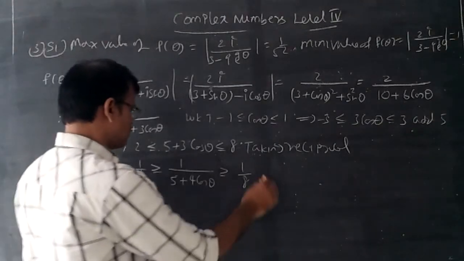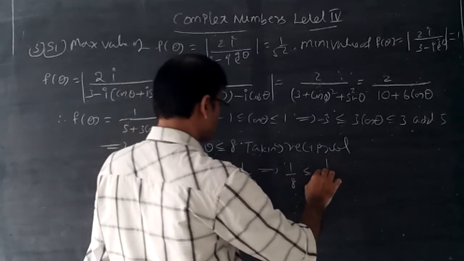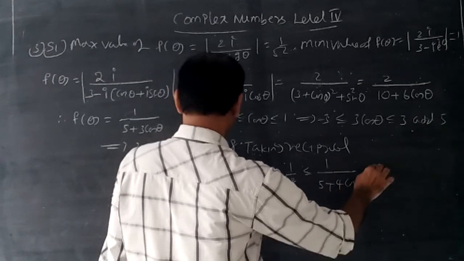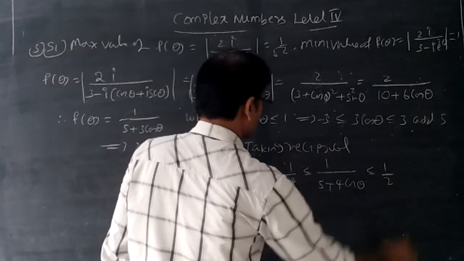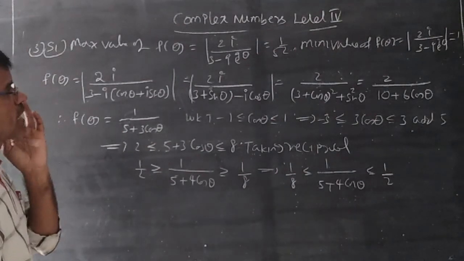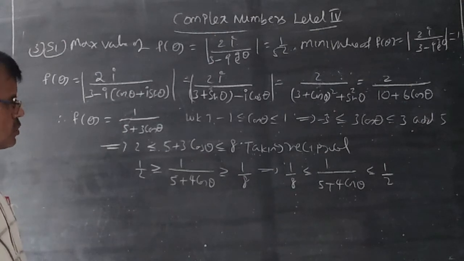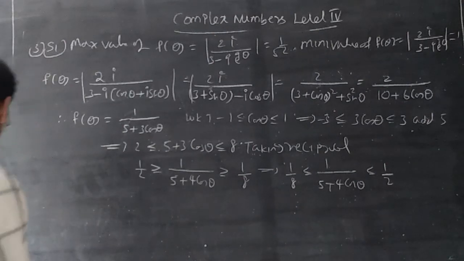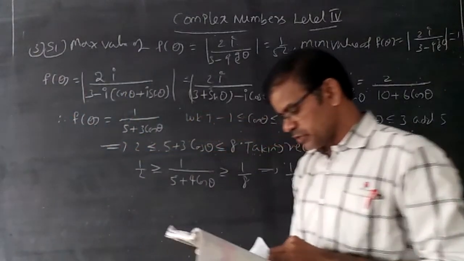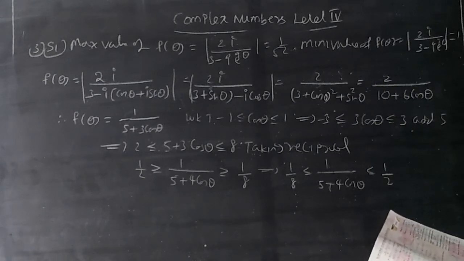So that implies we can write 1 by 8 is less than or equal to 1 by (5 plus 3 cos theta), which is less than or equal to 1 by 2. So the maximum value he is asking, minimum value 1, maximum value 1 by root 2; 1 by root 2 we did not get. Let us see the options. Statement 1 is false, statement 2 is to be given. The minimum value 1 by 8 we got.